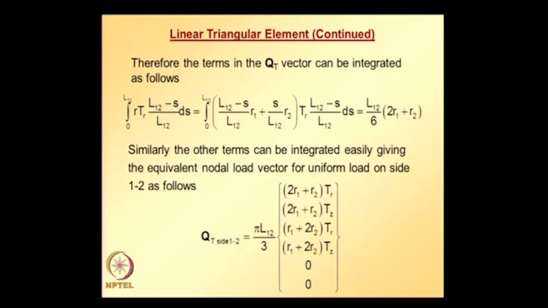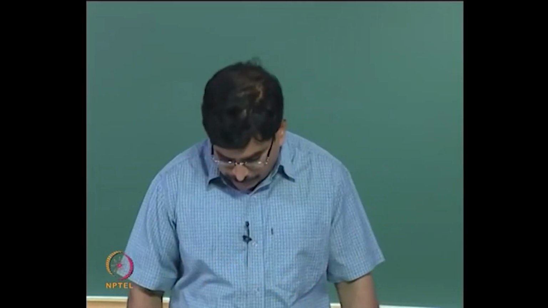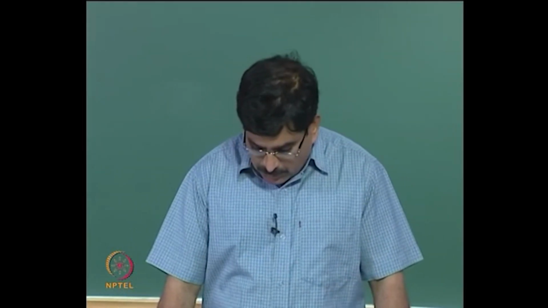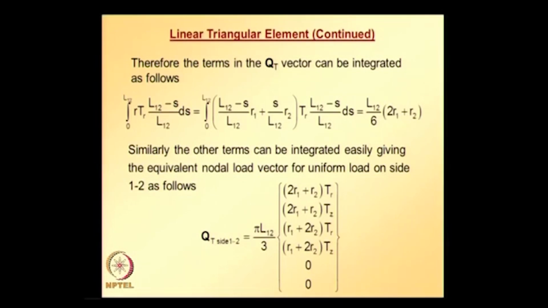Once we carry out integration for the other terms also, Qt looks like this for side 1 2. Please note that this is only applicable in the case of uniform load, or where Tr, Tz are constant along the applied side or edge. Similar expressions for equivalent load can be written if pressure is applied along sides 2 3 and 3 1.